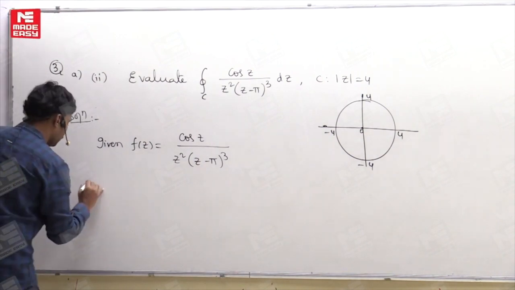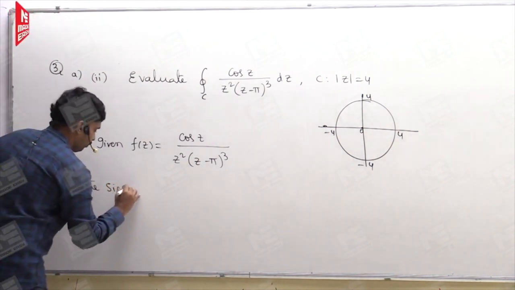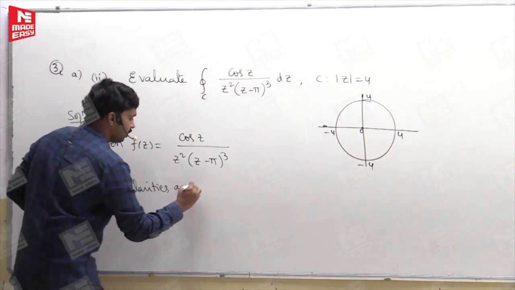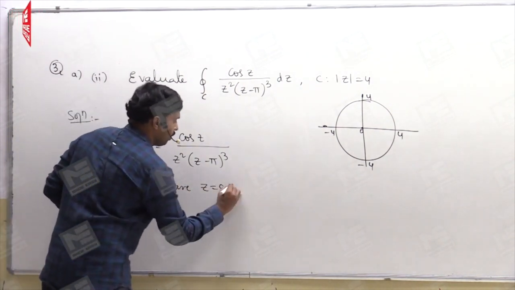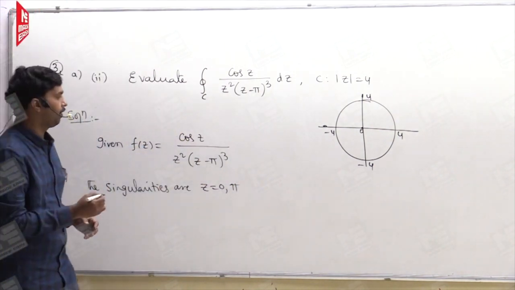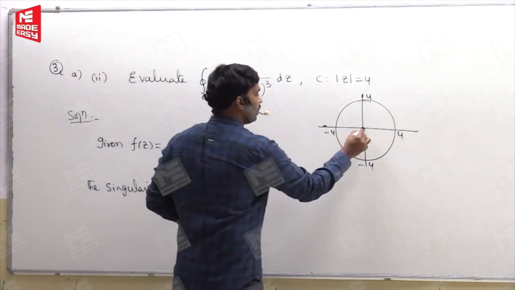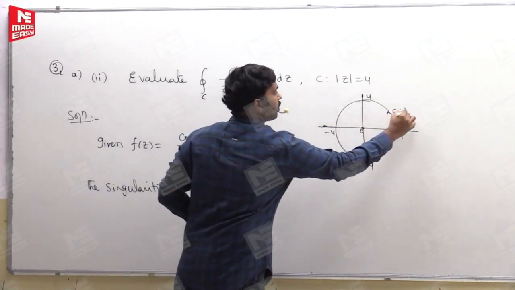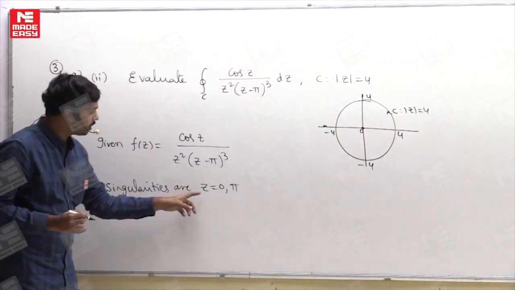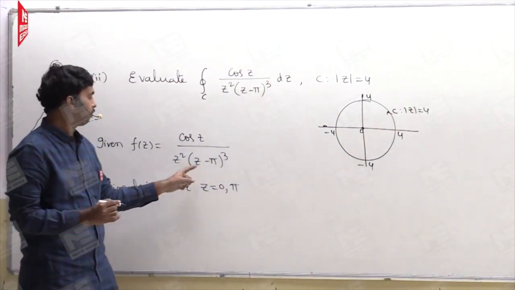Now the singularities are z is equal to 0 comma pi here, and this is the contour which is given, modulus of z is equal to 4, right? And z is equal to 0 and pi means what?